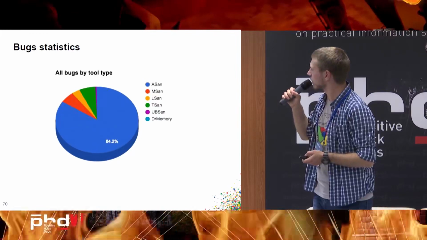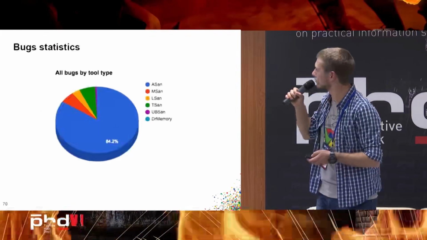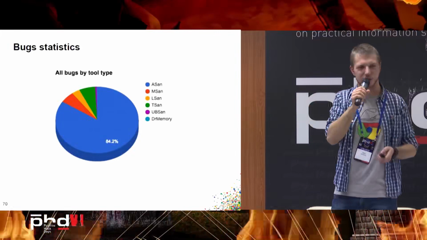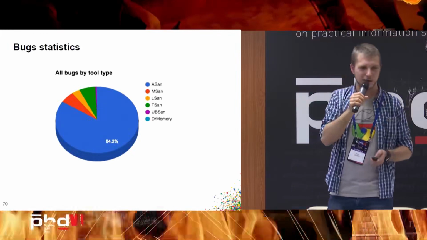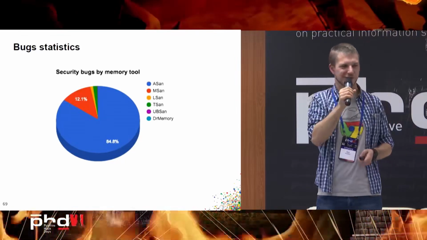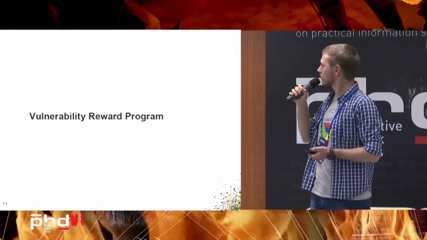So you'll see that ASan has the same share, whatever the type of bugs, while Thread Sanitizer and Leak Sanitizer are much better at finding functional bugs compared to security bugs. So if you're fuzzing for vulnerabilities, I certainly recommend ASan and MSan. Everything else will be secondary to them.